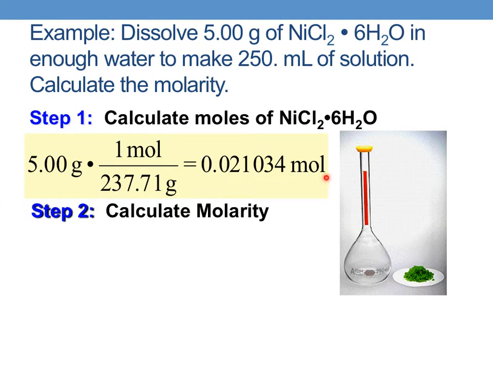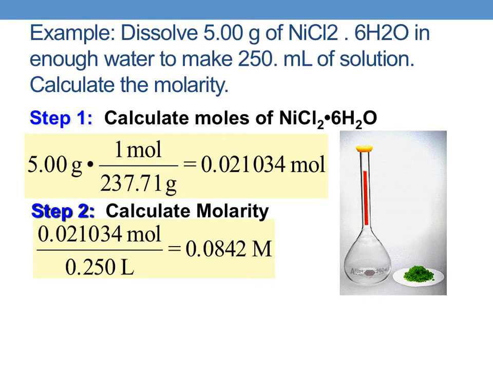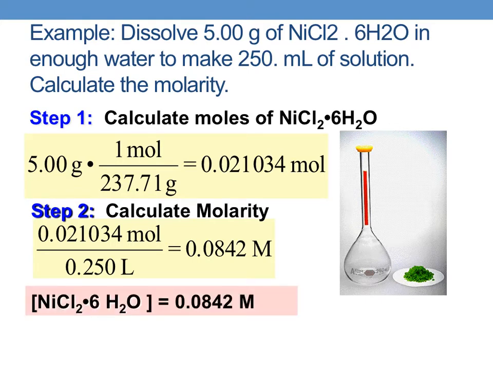So now we know how many moles of nickel chloride we have in our 5 grams. Now we want our molarity. And molarity is moles per liter, so we can convert our milliliters into liters and end up with our molarity. So our final answer, with square brackets showing that we have a concentration, is 0.0842 molar.